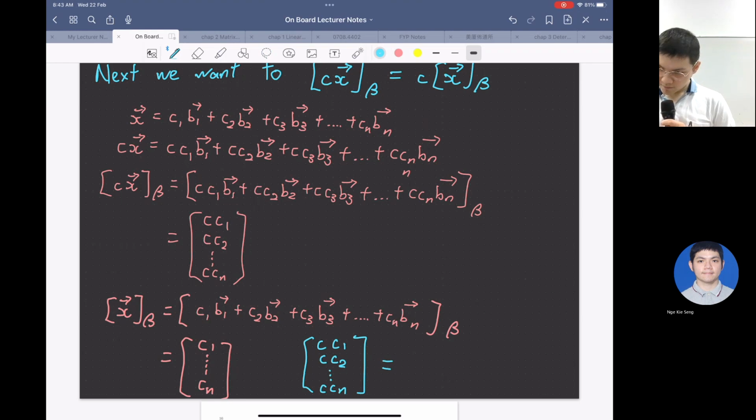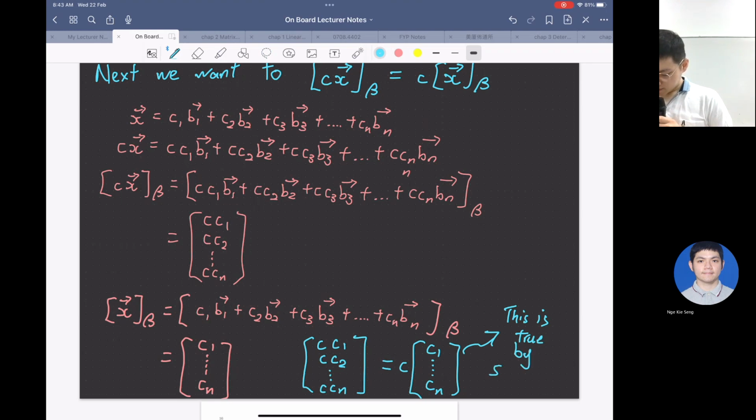On the right hand side, we have c times the coordinate vector of x. Okay, so is this true? This is true by scalar multiplication in Rn.